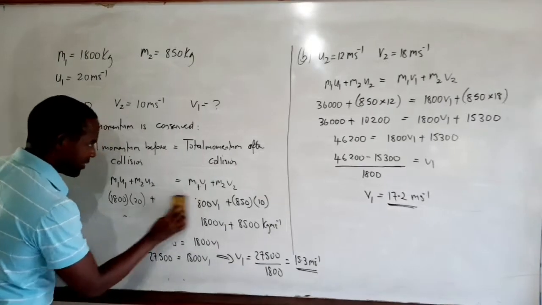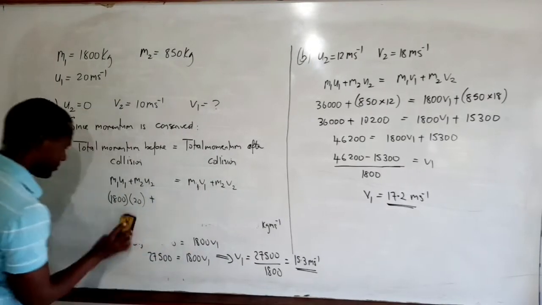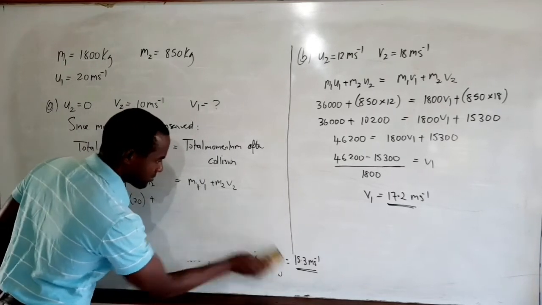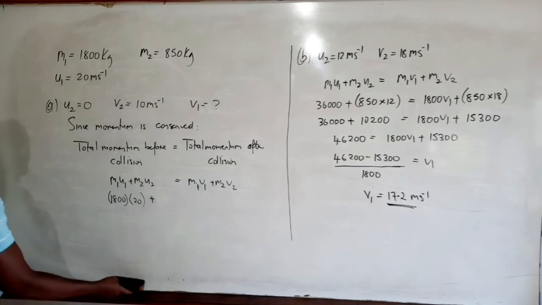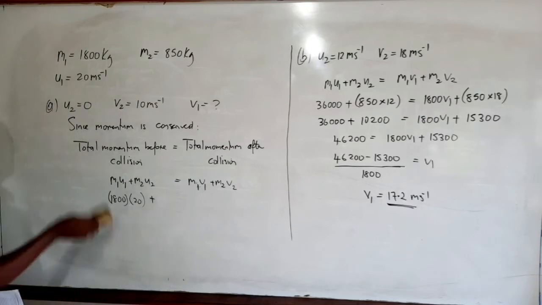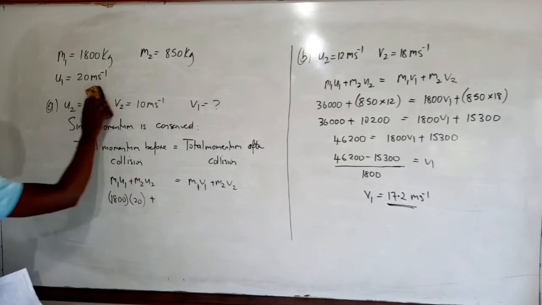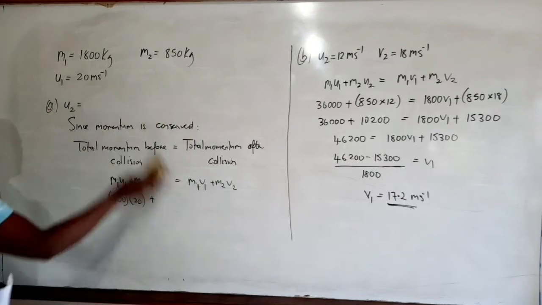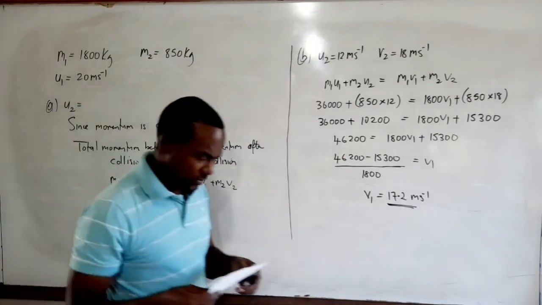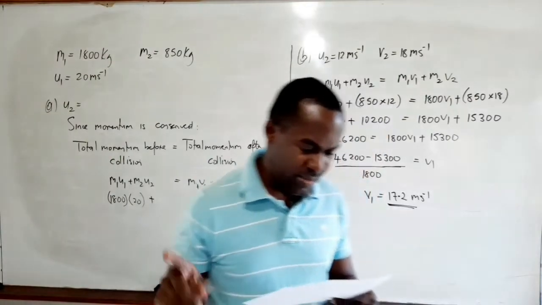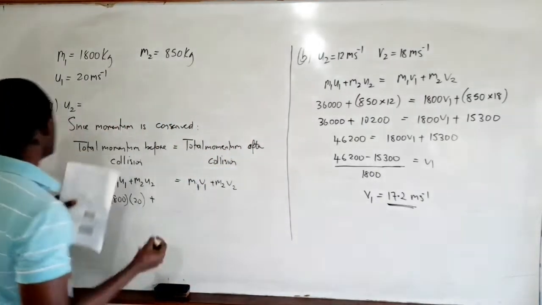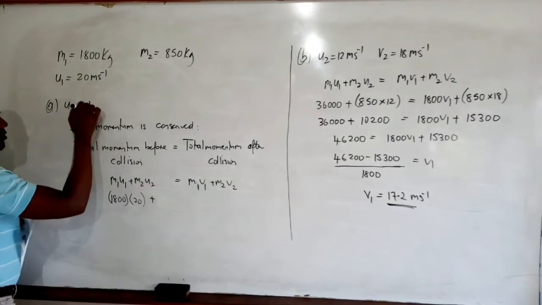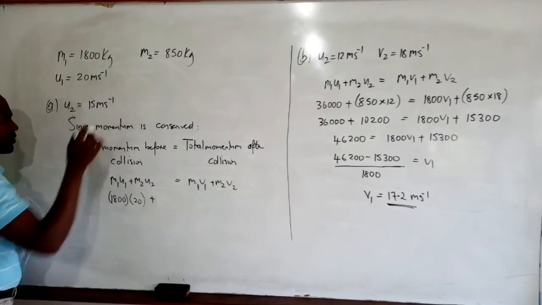So we're told that the two cars become stuck together in the impact, and the smart car's initial velocity is 15 meters per second. So this means that U2 is equal to 15 meters per second.